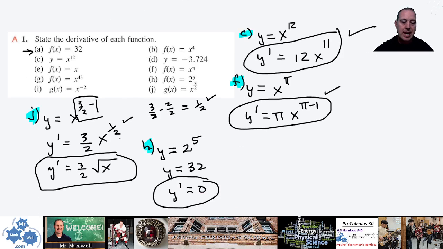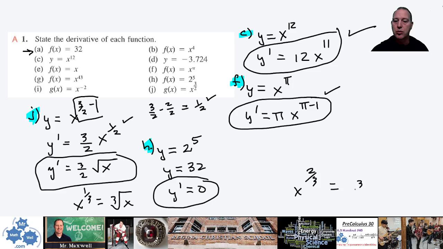No problem. x to the power of 1/2 is square root x. Just like x to the power of 1/3 would be cube root x, whatever this number is in the bottom. x to the power of 2 over 3 would be cube root x all squared. And that square could go inside as well. Okay, that's just a side note there.